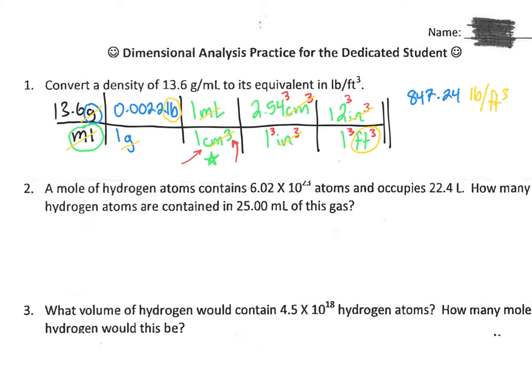Now, if I'm looking at significant figures here, what I would see is I've got 3 in 13.6. I have 2 in this 0.0022 pounds. I've got 3 in this 2.54 centimeters conversion, but I wouldn't use the 12.